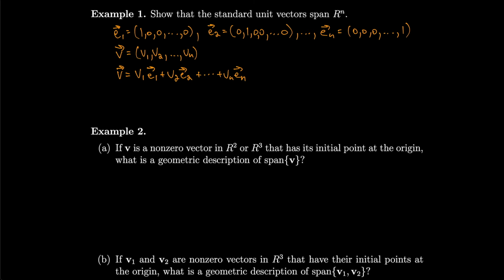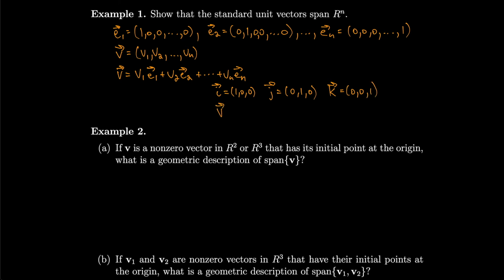Notice this is the same as when we had i, j, and k. We wrote stuff in terms of i, j, k, where i was 1, 0, 0, j was 0, 1, 0, and k was 0, 0, 1.